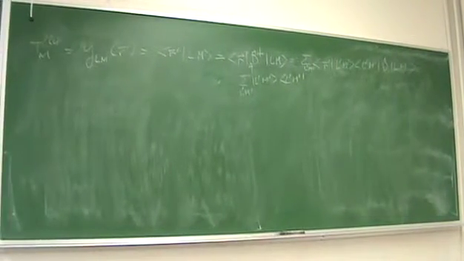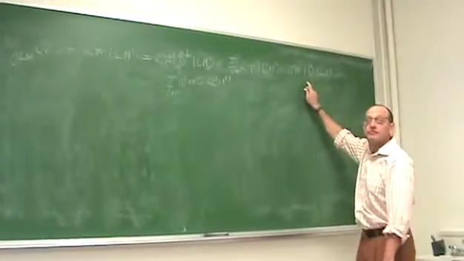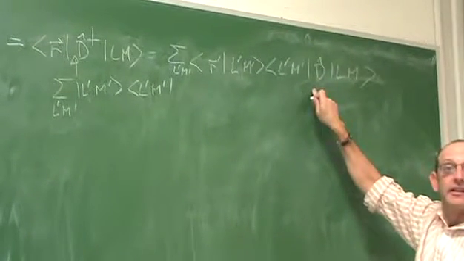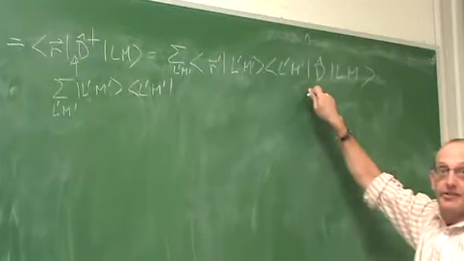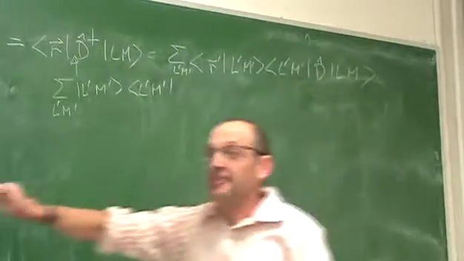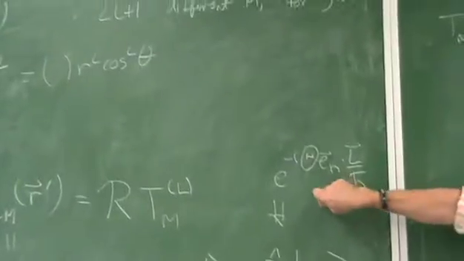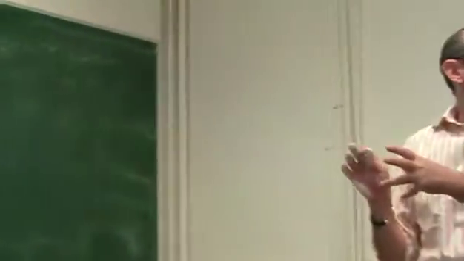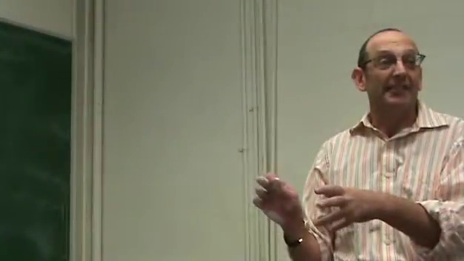What is this object here? This object is the matrix elements of this operator. Those matrix elements are the matrix elements of the rotation operator in quantum mechanics.